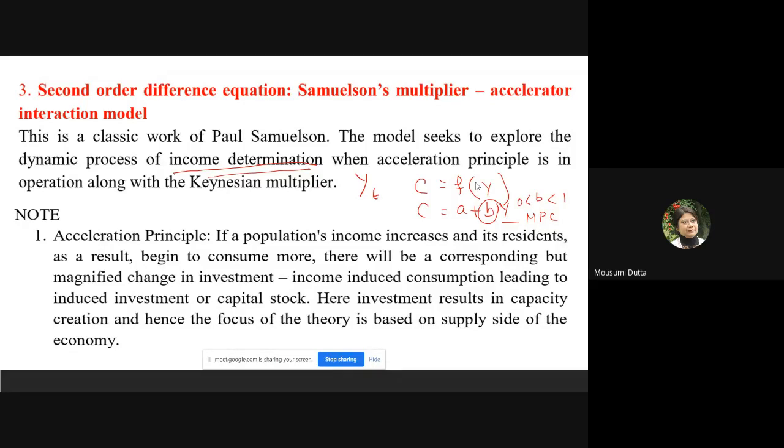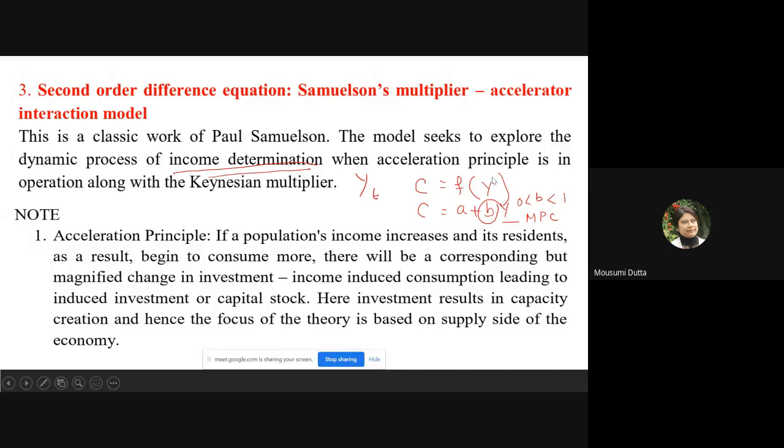So at the national level too, we need to compare what is happening in the entire universe. If you follow the media and newspaper articles, you will find that there are different groups of countries. And then at the aggregate level, you need to understand that for a middle income country, the MPC will be higher compared to a group of countries which have a very high level of income.